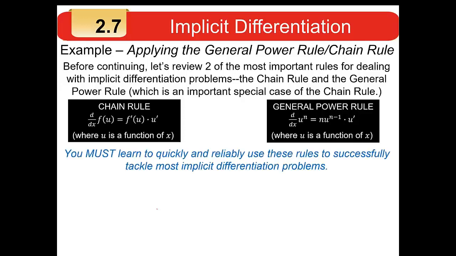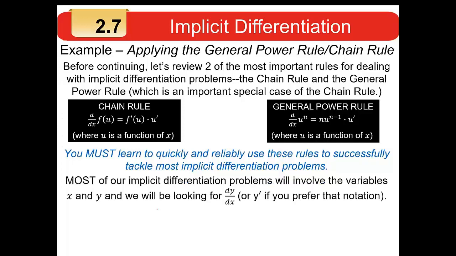So now let's do some really quick examples to get you in the right frame of mind for doing the kind of problems we really want to do. Most of the problems you'll see use the notation dy over dx, but if you prefer to use y prime, there's nothing wrong with that as long as you realize that dy over dx and y prime are the same thing.